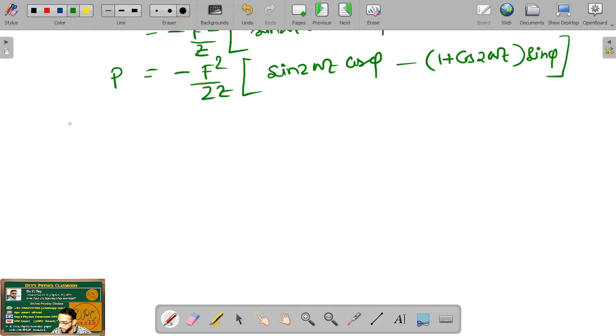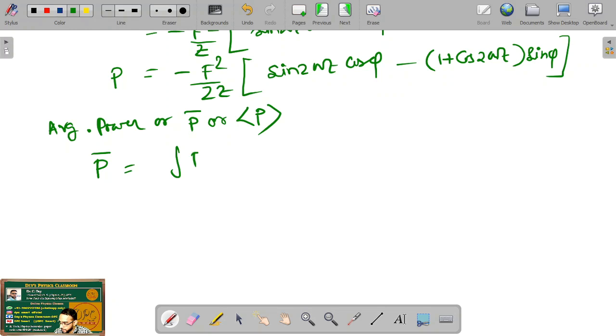Now if you want to calculate the average power, that is P bar, both are called average power. The average power would be the integration of P dt divided by the integration of dt, limit 0 to T, in both cases.